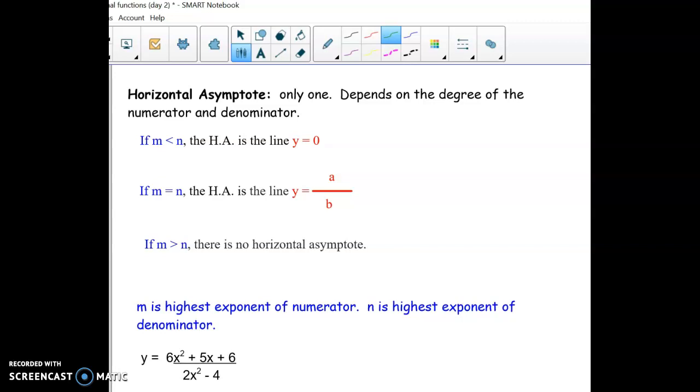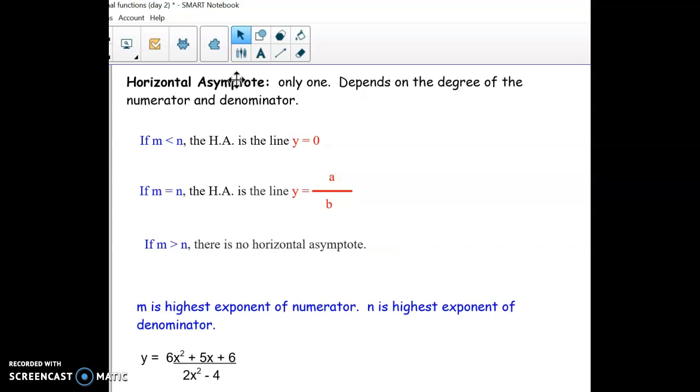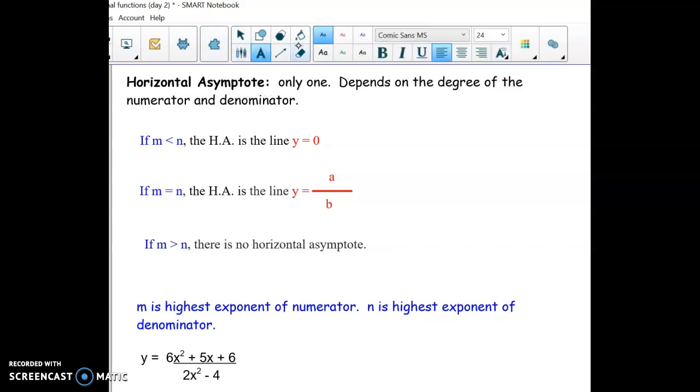Okay, so horizontal asymptote, you can either have 1 or none. Vertical, you can have more than 1, but horizontally, you either have 1 or none, and it depends on the degree, the highest exponent in the numerator and the highest exponent in the denominator.